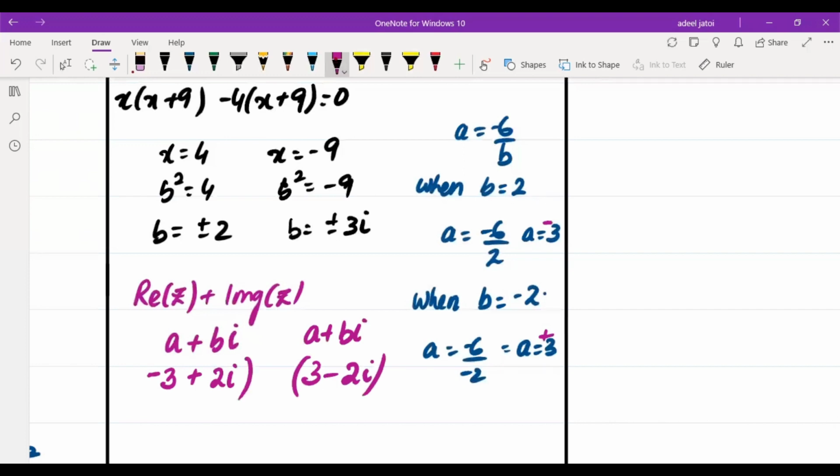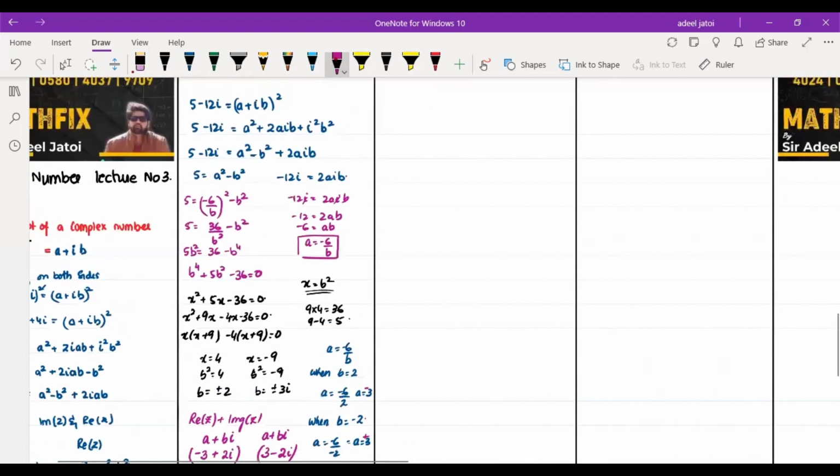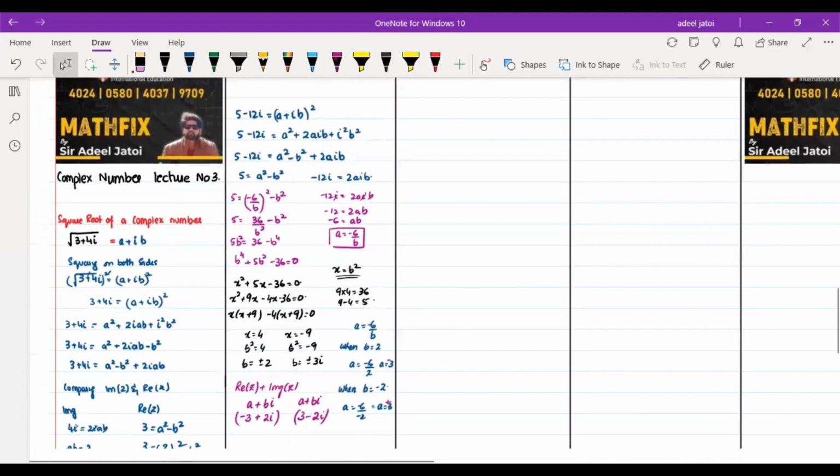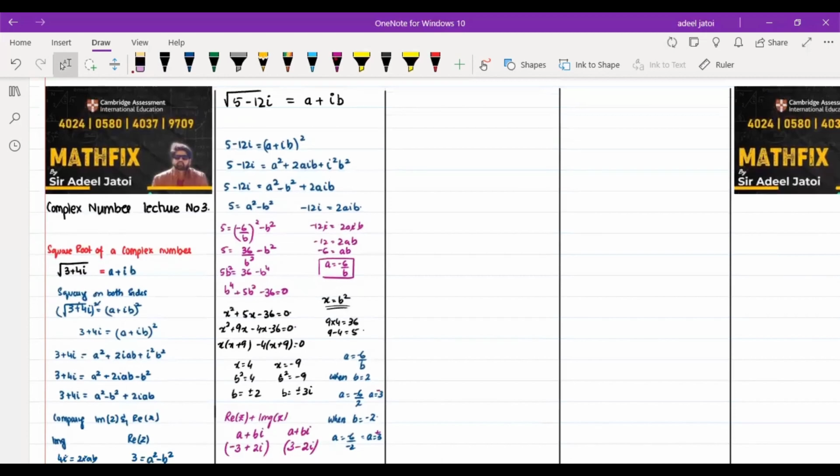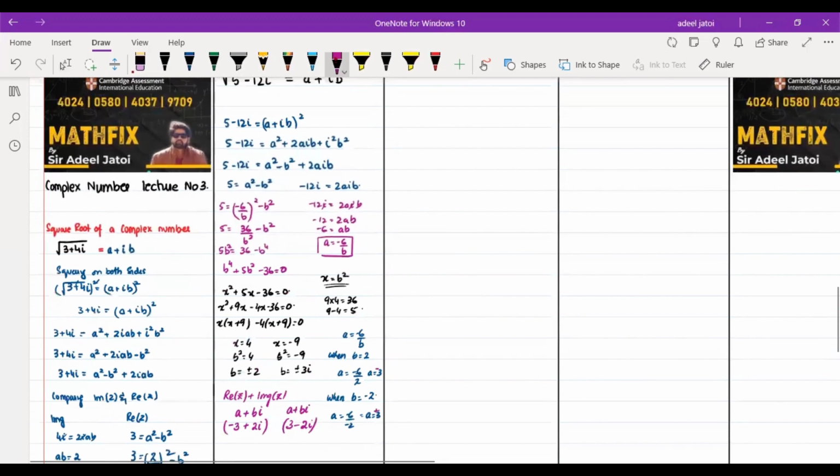So these are the two roots that we are getting through the square root of the complex number. That means the square root of minus 5 minus 12 iota, when changing it to a plus iota b, the answer is minus 3 plus 2 iota and 3 minus 2 iota.